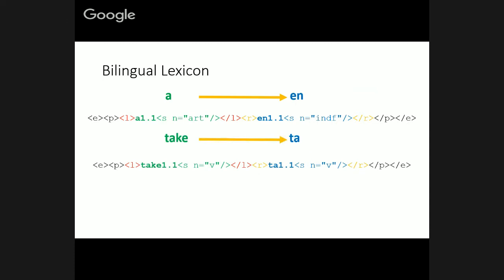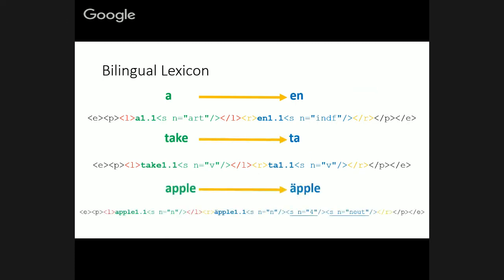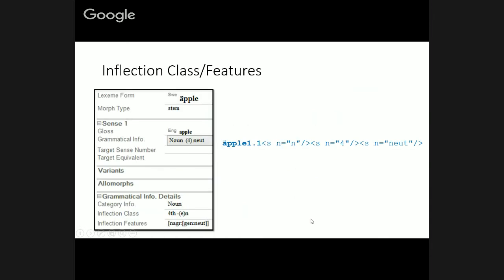Similarly, for the verb, it looks like this. It's a little more interesting to look at the noun apple because it's got some extra information. As part of it, it has a for and a newt in there. Those are inflection information that get put in there that comes out of the Flex dictionary as well. And this is an illustration of that.